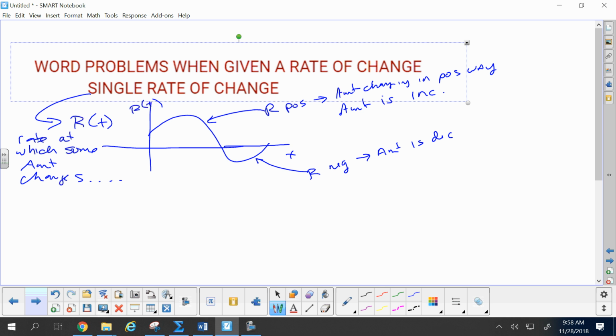What about at that time? This time. At this time, the amount went from increasing to decreasing. So at that point, if the amount went from increasing to decreasing, there must have been a max.